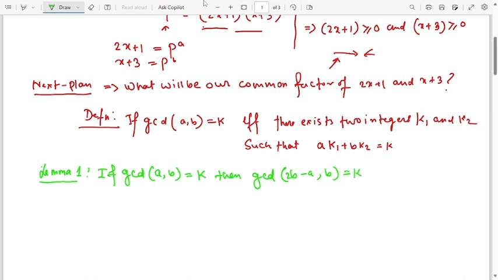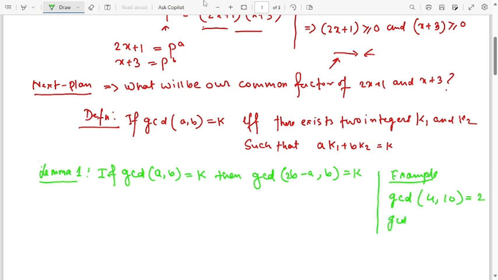So let's give an example to understand this. GCD of 4 comma 10 is equal to 2.